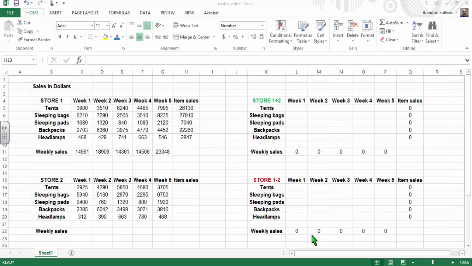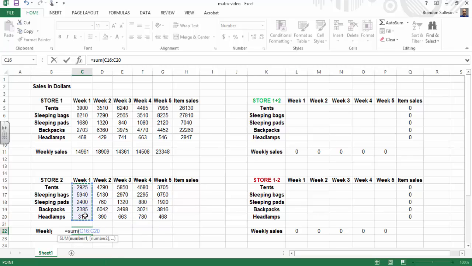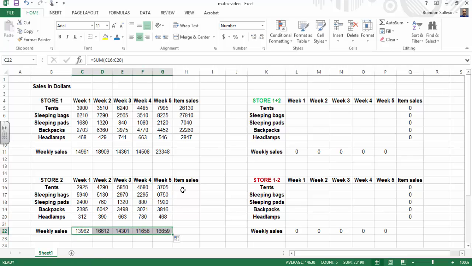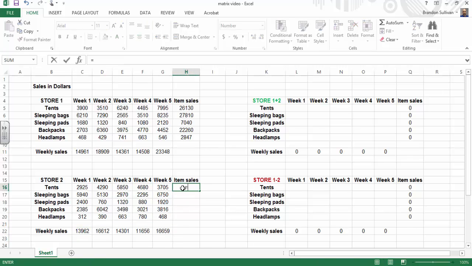As a store owner, I may be interested in seeing how Store 1 and Store 2 compare. So first, I'll quickly calculate the weekly sales for each item at the second store, and also the total item sales for the month.